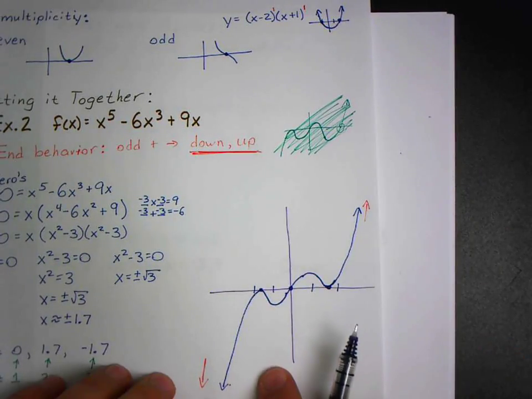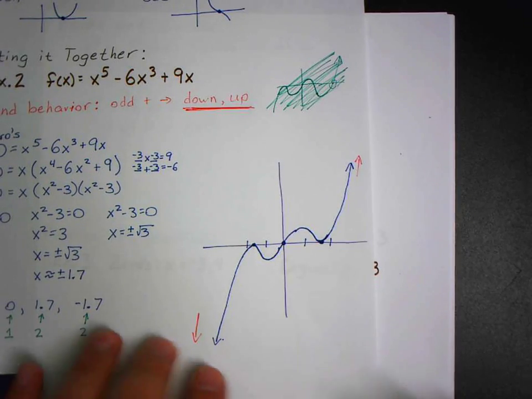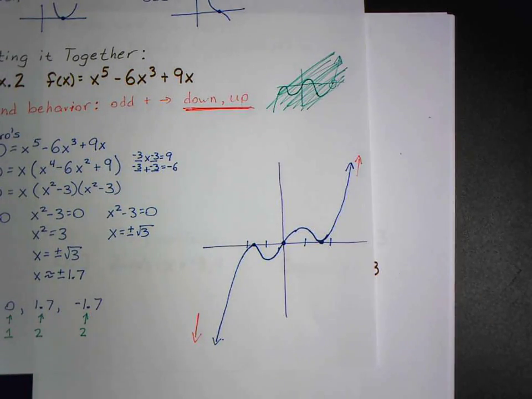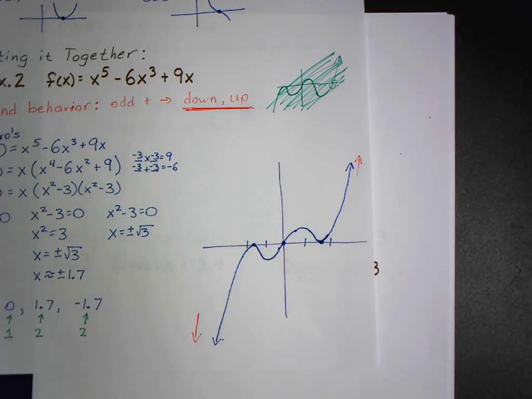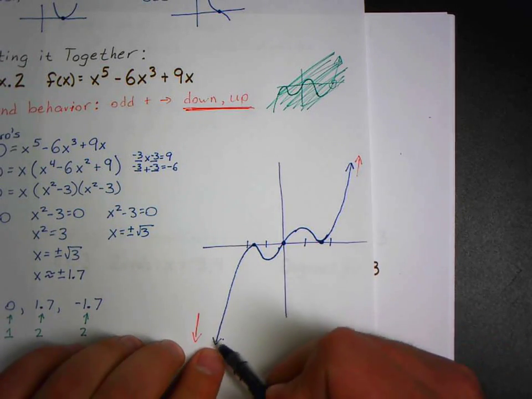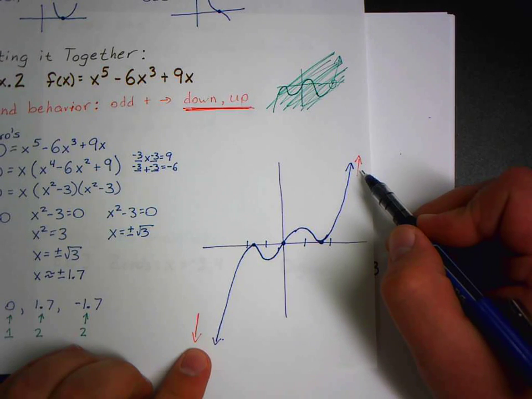An odd-powered function has to have end behavior that goes in opposite directions, right? Odd powers have to have opposite direction of end behavior, correct?